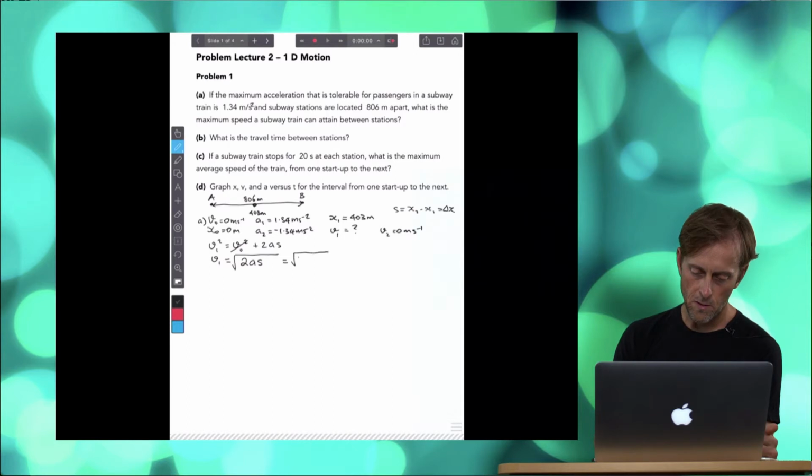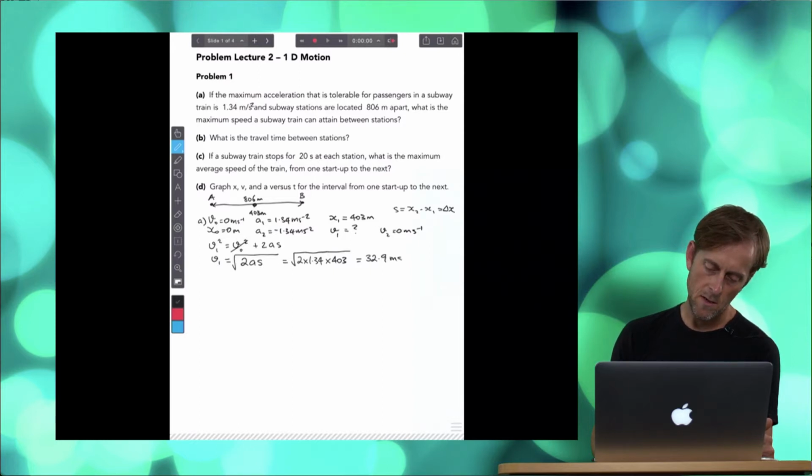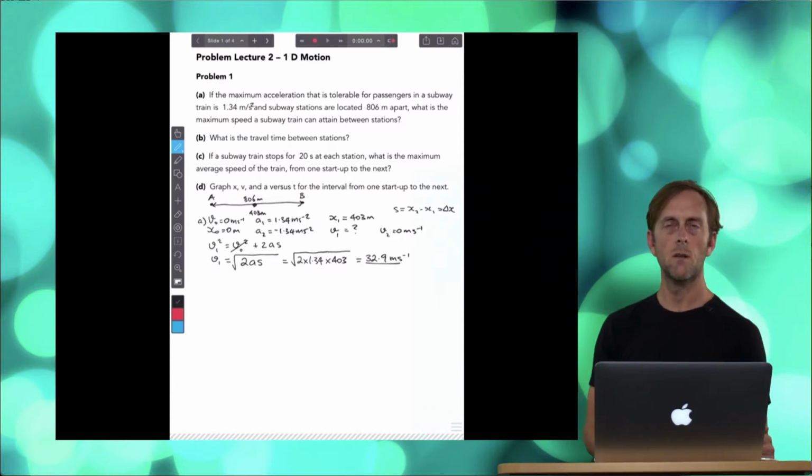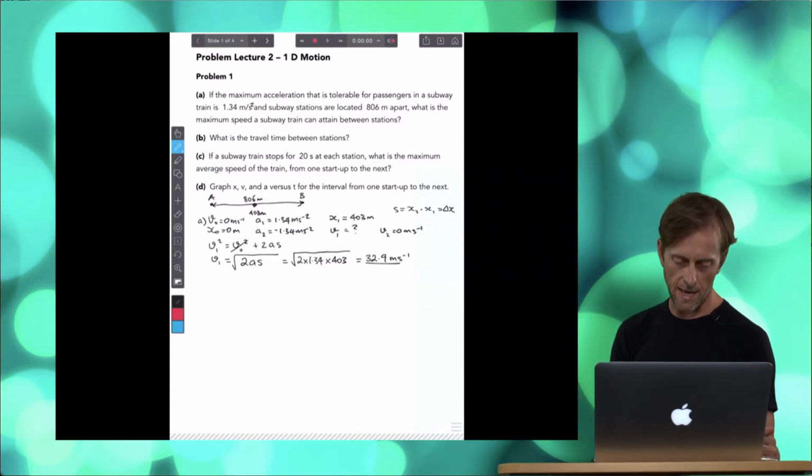Square root of 2 times 1.34 times S, our displacement, which we started at 0 and ended up at 403, so that's 403. And that comes out to be 32.9 meters per second. That's the maximum speed, and it's the speed we reach when we're halfway between the stations. That's what we're asked for.